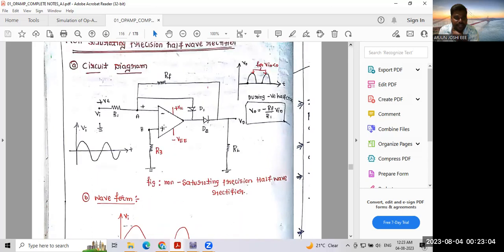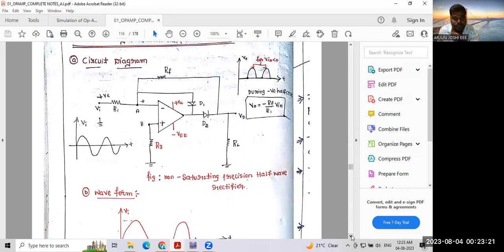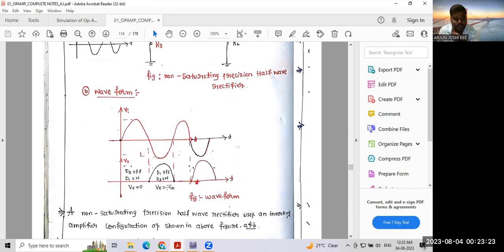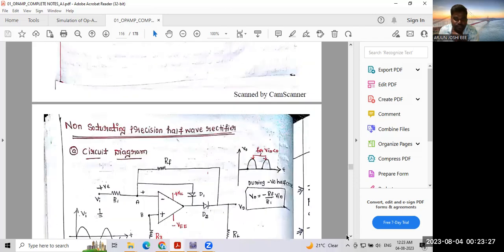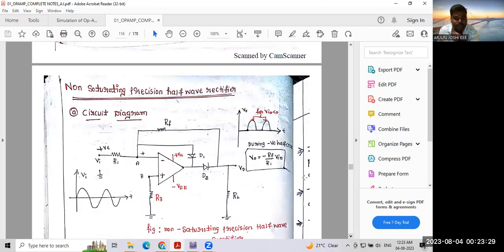Whenever we go for the negative half cycle, the op amp will generate positive. D2 will be on, D1 will be off. D1 will be off because when negative is connected to the anode, D1 turns off and D2 acts as a closed switch. Here in this condition, V0 is equal to Vin. How is V0 equal to Vin? Very simple. You need to assume RF divided by R1 is equal to 1.